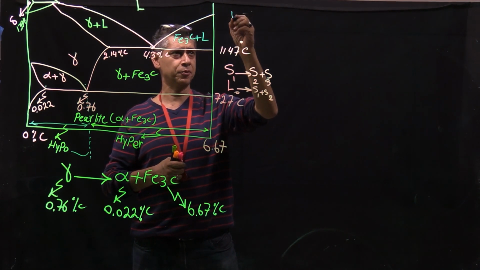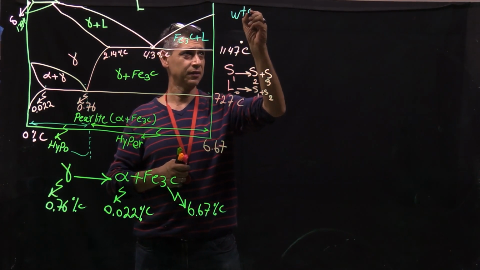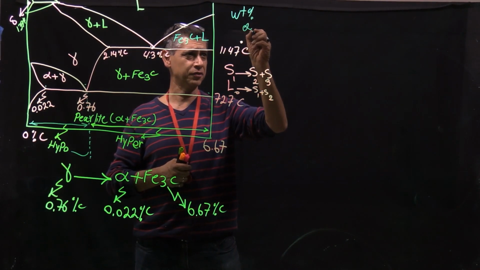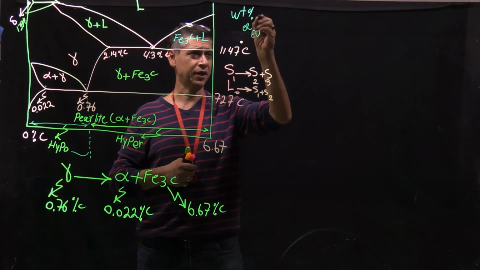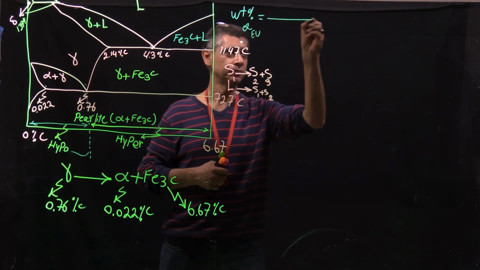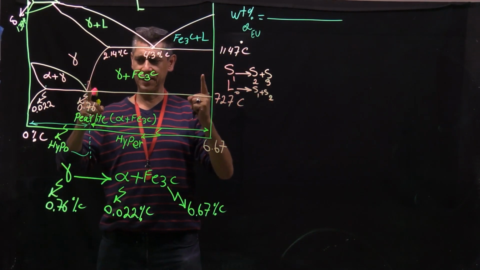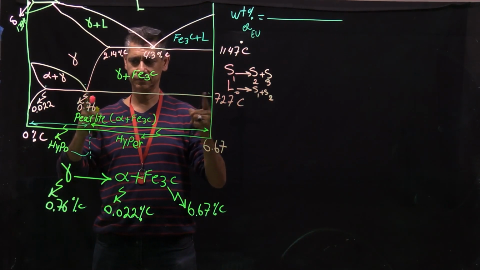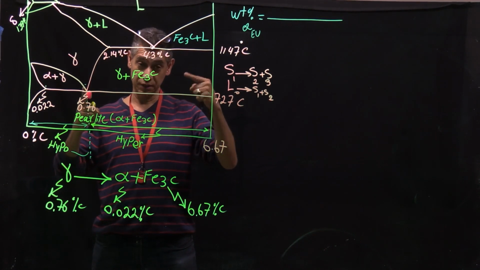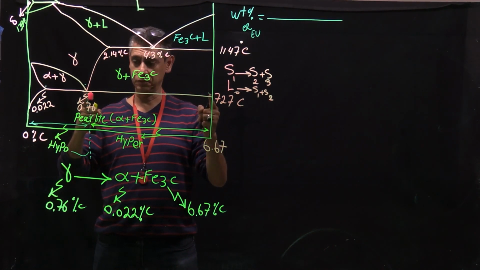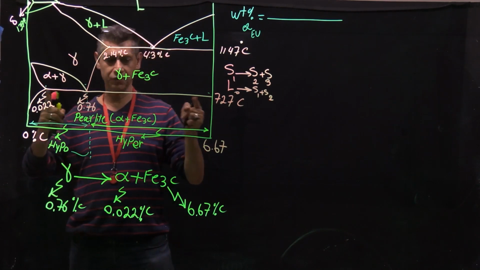I would say the weight percent of ferrite in the eutectoid is equal to this length, talking about the inverse lever rule, divided by the entire length.